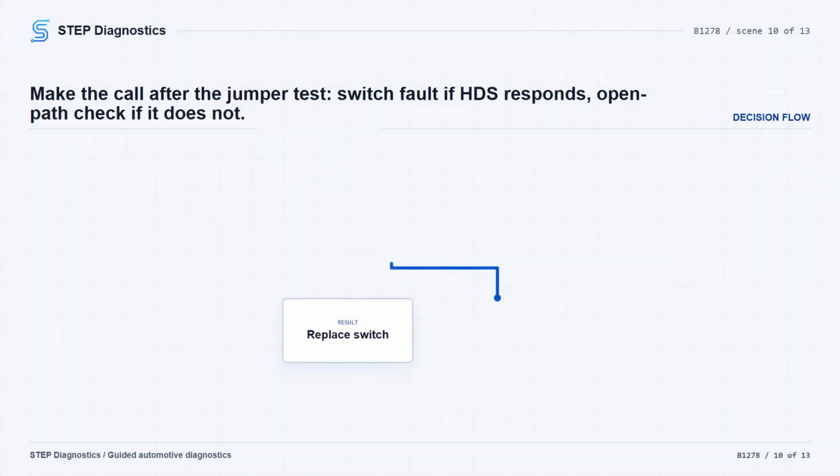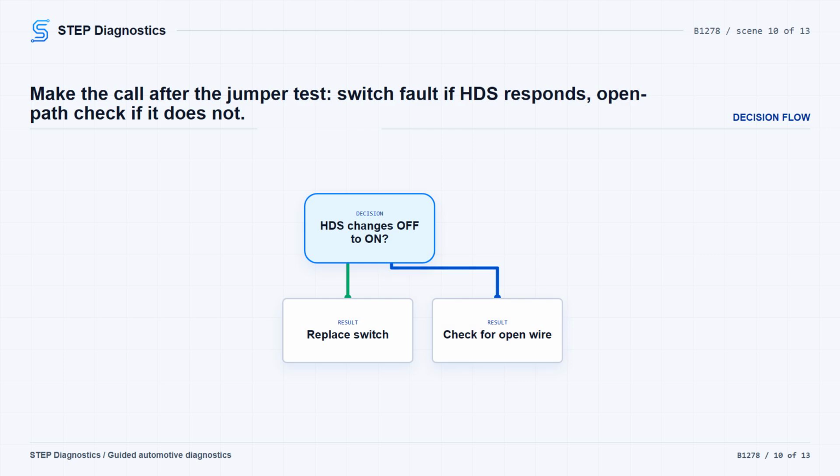No. 7 YL to body ground, and no. 8 GRI to body ground. Then watch the headlight switch off, headlight switch parking, headlight switch auto, and headlight switch headlight parameters with the HDS. If the data value changes from OFF to on, replace the combination light switch. If it does not change from OFF to on, continue to the open wire check.